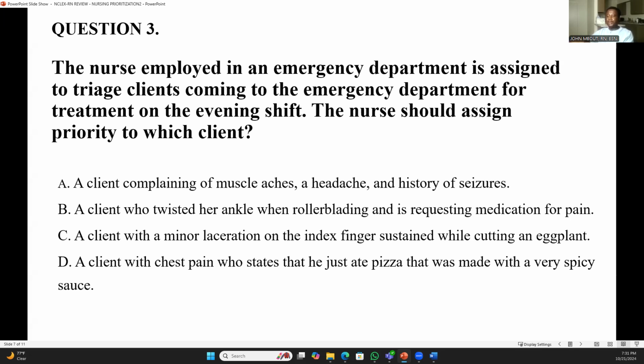B, a client who twisted her ankle when roller blading and is requesting medication for pain. C, a client with a minor laceration on the index finger sustained while cutting an eggplant. D, a client with chest pain who states that he just ate pizza that was made with a very spicy sauce.